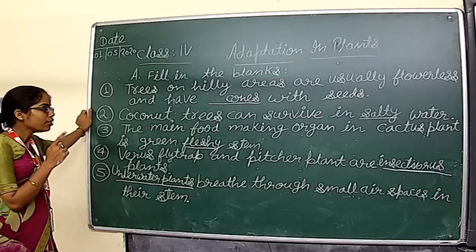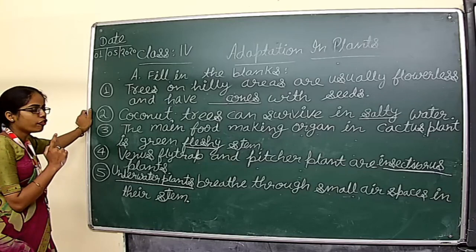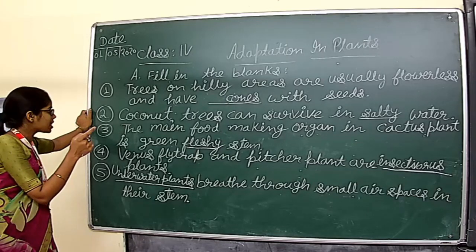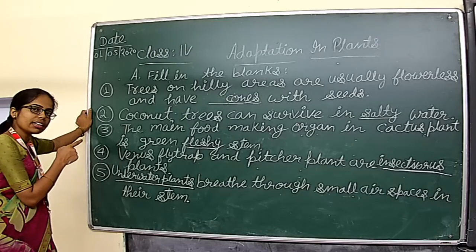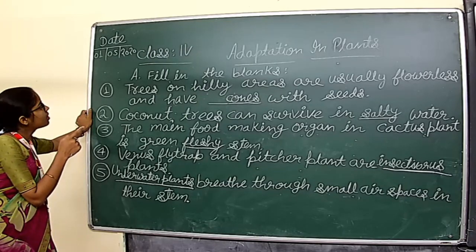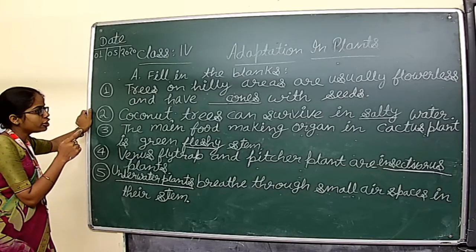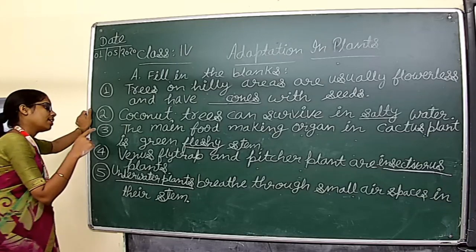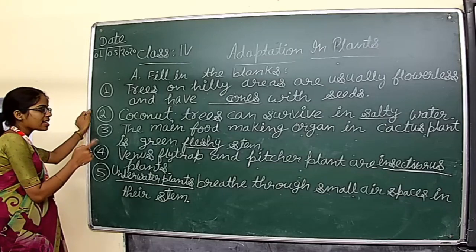The main food making organ in cactus plant is green dash stem.